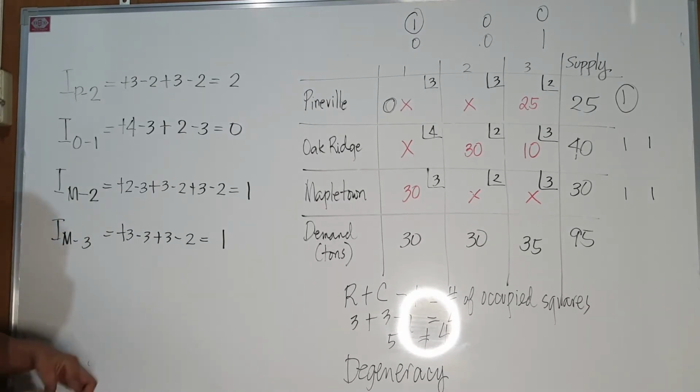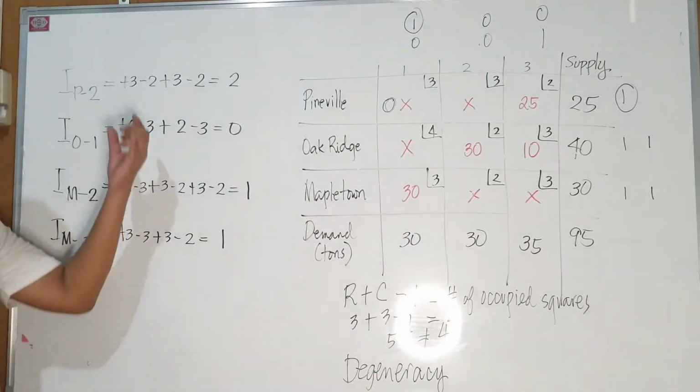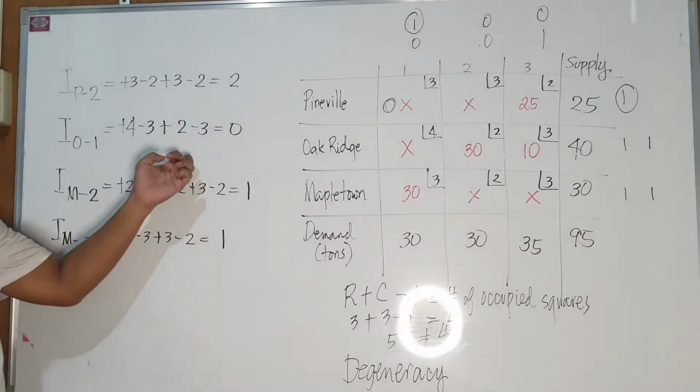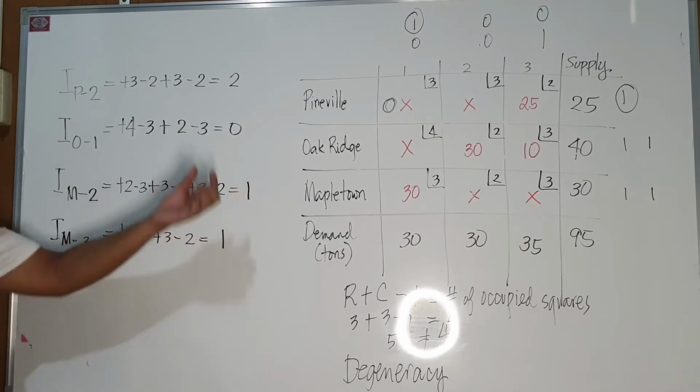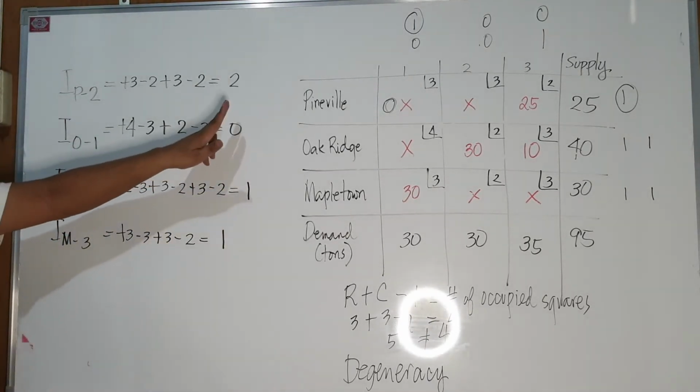Okay? So, as you can see, even though we have a degenerate solution, we are able to arrive at an optimal solution, because all our improvement indices are either positive or 0. What does 0 mean? When you have only one 0 here, there is only one optimal solution.